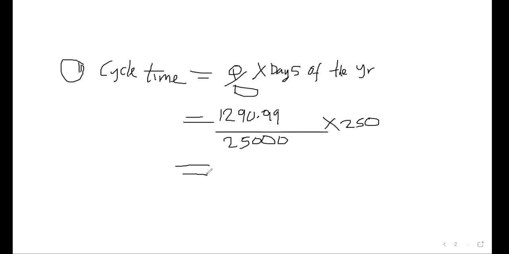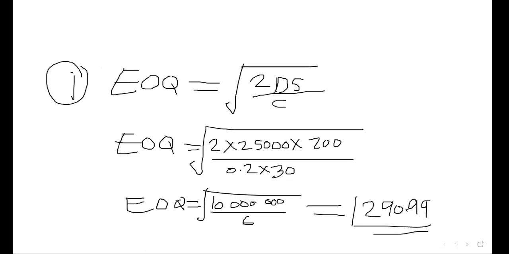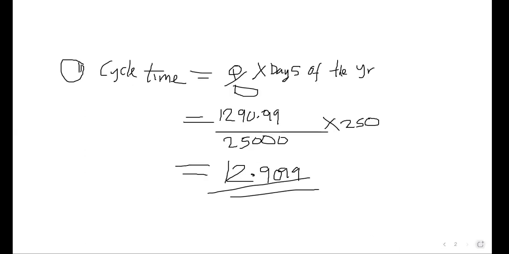So 1,290.99 divided by 25,000 times 250 gives us 12.9099 days. So from here, you can approximate to say it is 13 days.